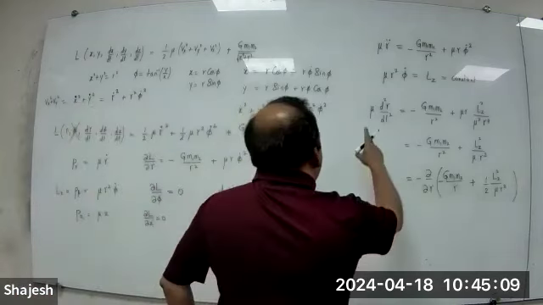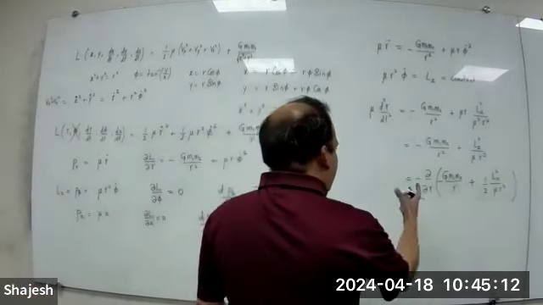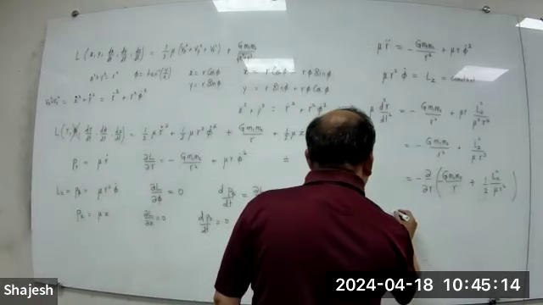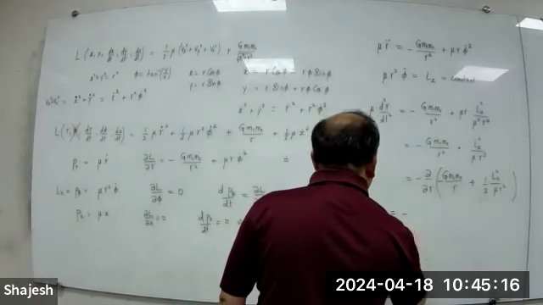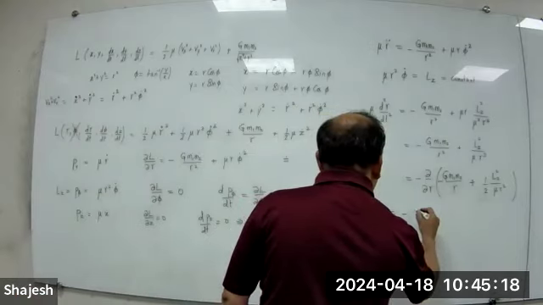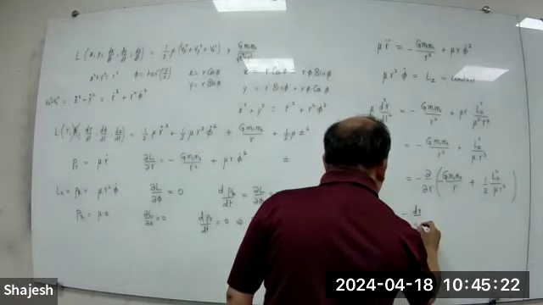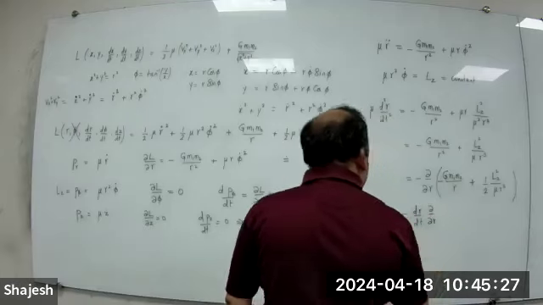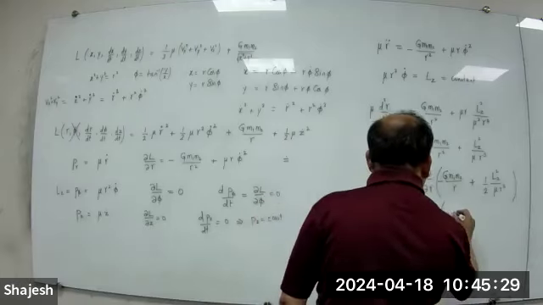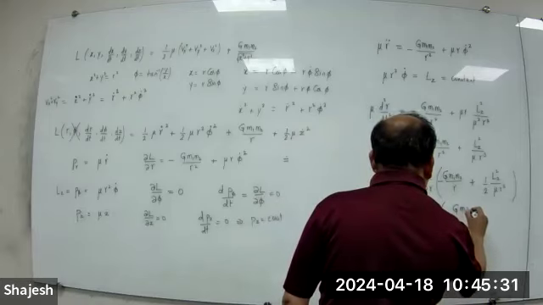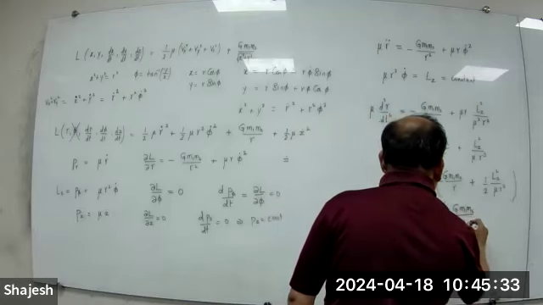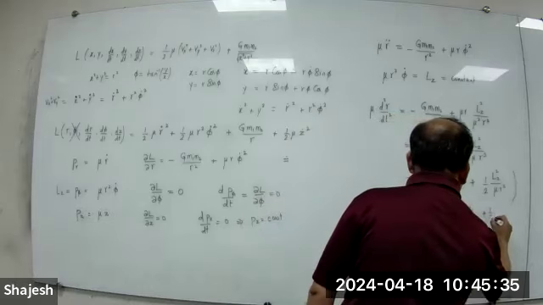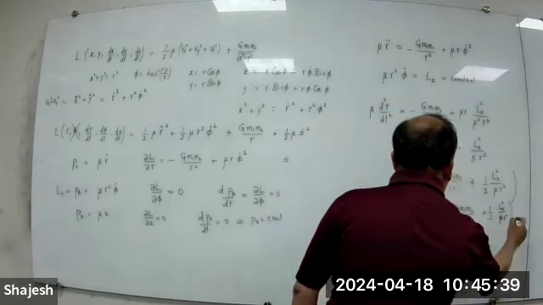So let me rearrange this somehow. I'm going to do some manipulations. I'm going to multiply by R dot. This is a standard manipulation that you do in undergraduate physics when you do the work-energy theorem. So d by dt times minus G m1 m2 over r plus 1/2 Lz square over mu r square.